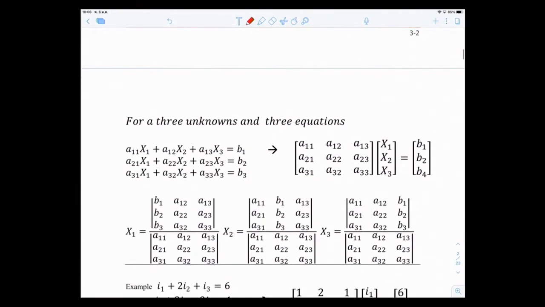You put the coefficients A11, A12, A13 and so on in terms of a matrix here, and b1, b2, b3 becomes this matrix.